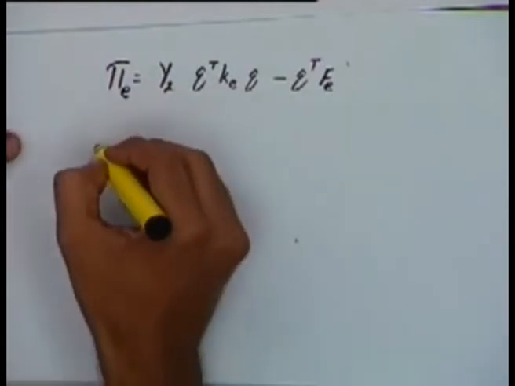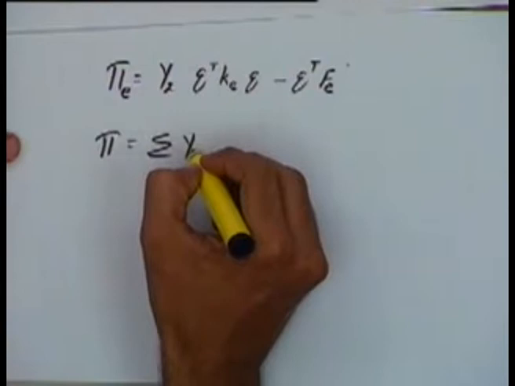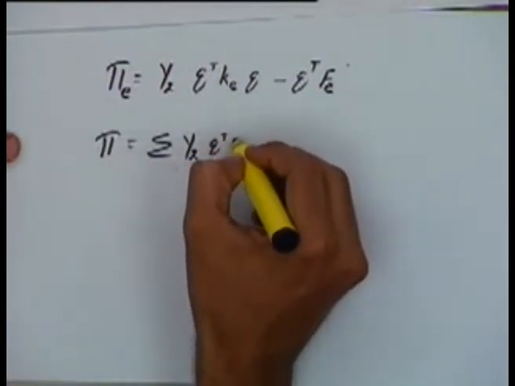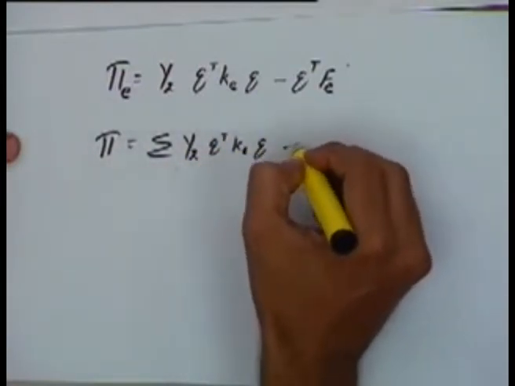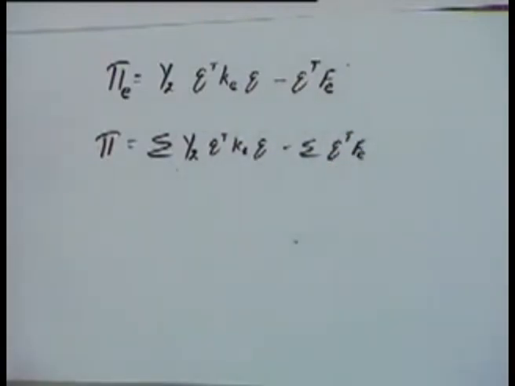Okay, and the total potential energy in the system pi will be equal to sigma half Q transpose KE Q minus sigma Q transpose FE. Okay. Any questions up to this?